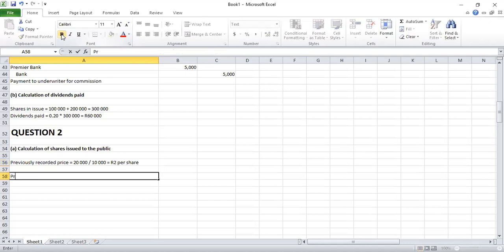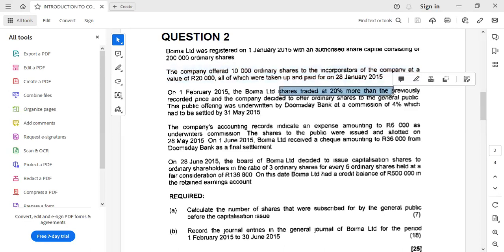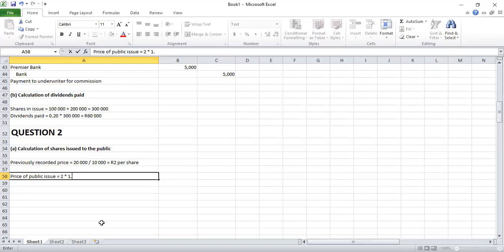Then the price of the public issue. We are told that the shares now traded at 20% more than the other price. So we just add 20% to that previously recorded price, which is 2 times 1.2. Or if you want the long way, you can first calculate the 20% and then add. But to go straight to the value, you can just multiply by 1.2.